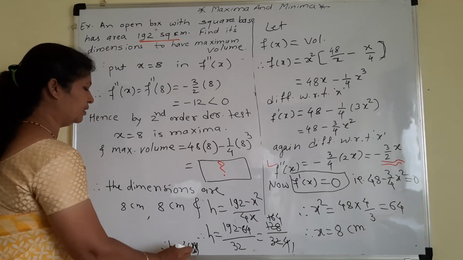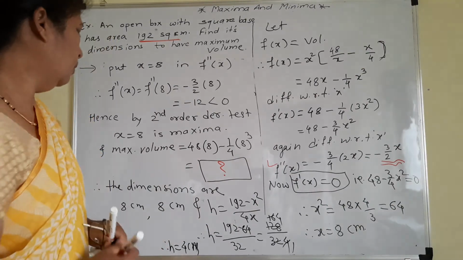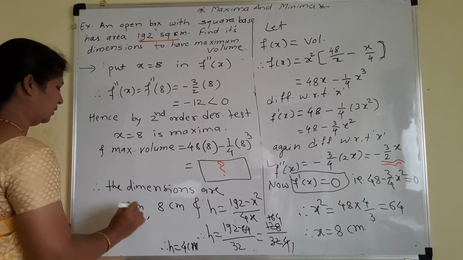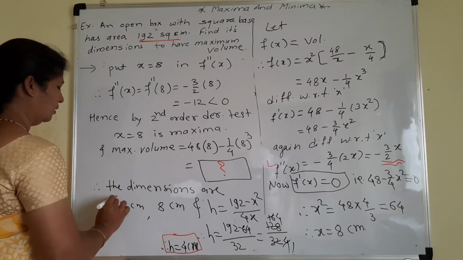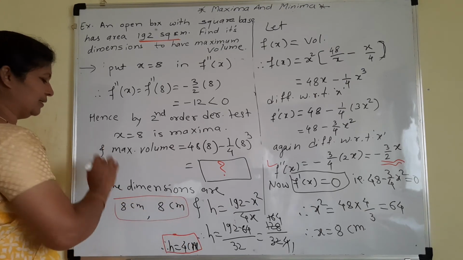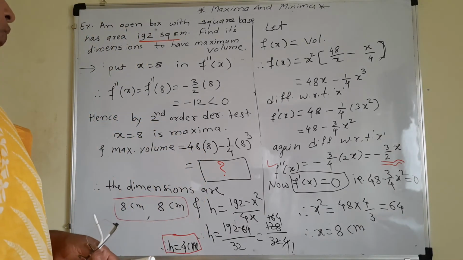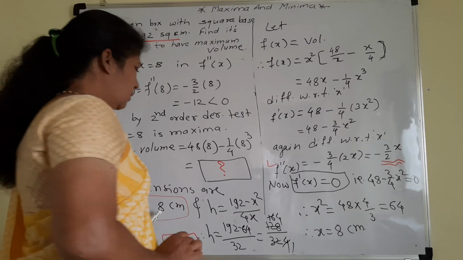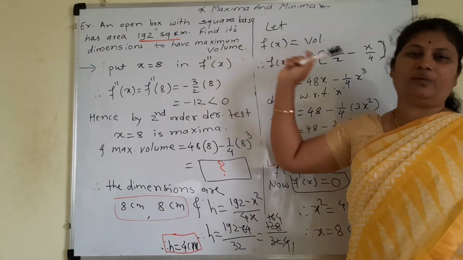So what are the dimensions? 8 centimeter, 8 centimeter and 4 centimeter. These are the dimensions. Height is equal to 4 centimeter and the sides are 8 centimeter and 8 centimeter of the base. So this is the value of h, so that the volume of that box will be maximum.